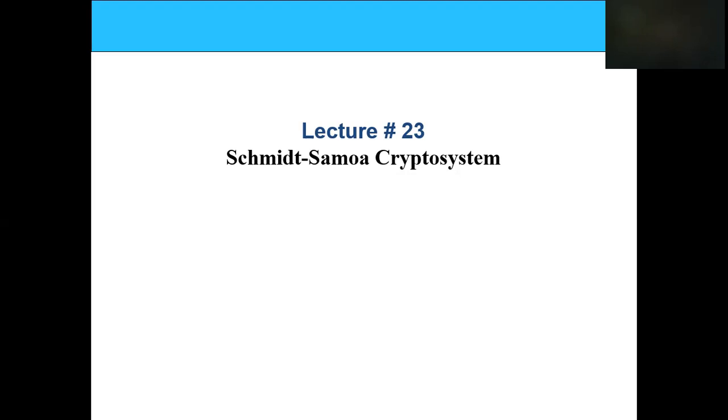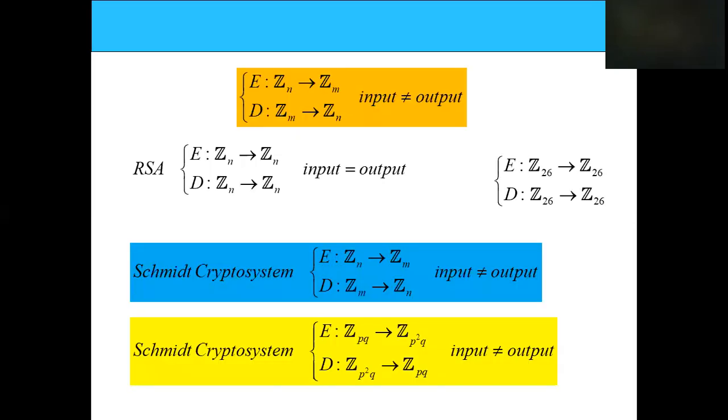Because the Schmidt crypto system is just an extension of the RSA crypto system. Let us define the Schmidt crypto system. Generally, encryption is from Zn to Zm, and decryption is from Zm to Zn, where input is not equal to output.